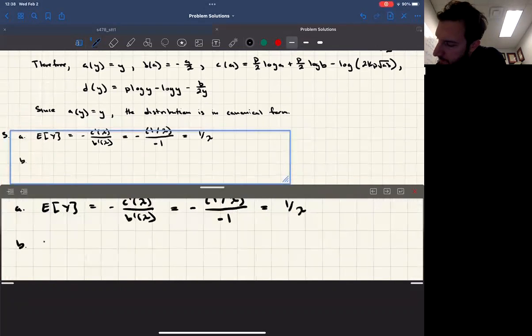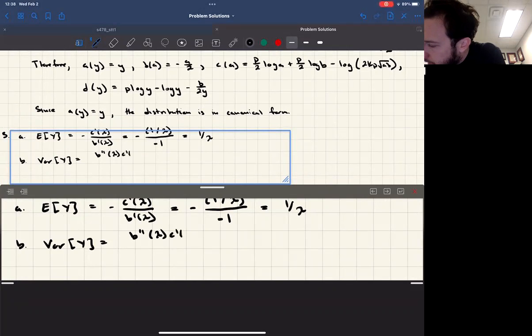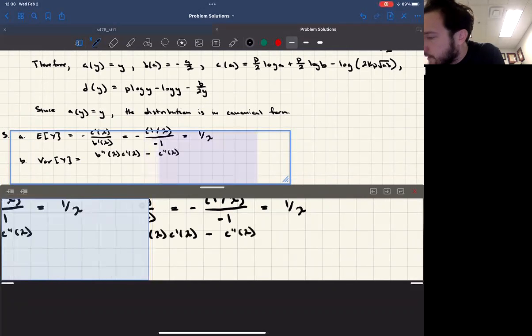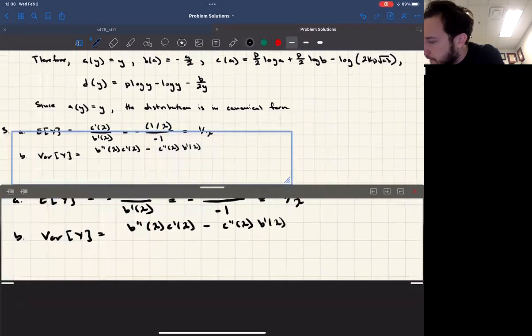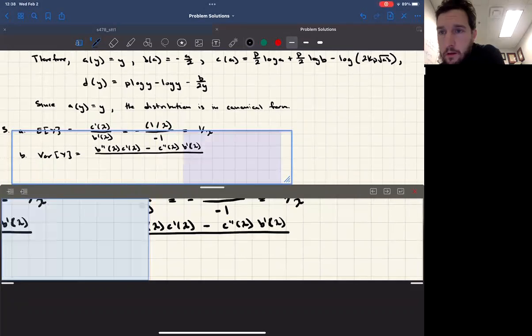And then for part b, we want the variance of y. All right, so this is going to be b double prime lambda times c prime lambda minus c double prime lambda b prime lambda, divided by b prime lambda cubed.